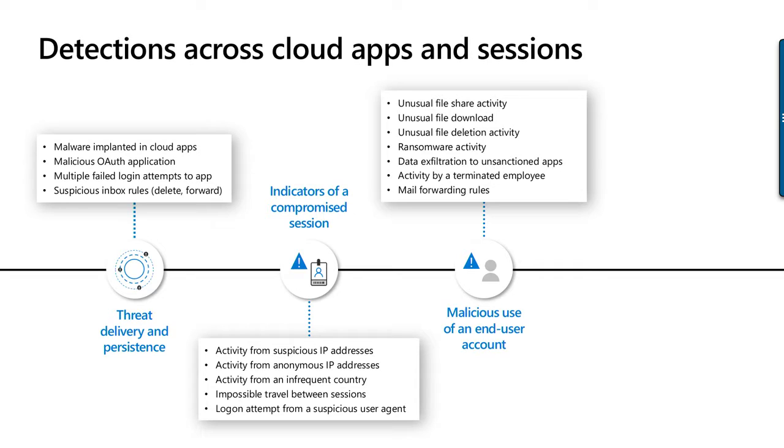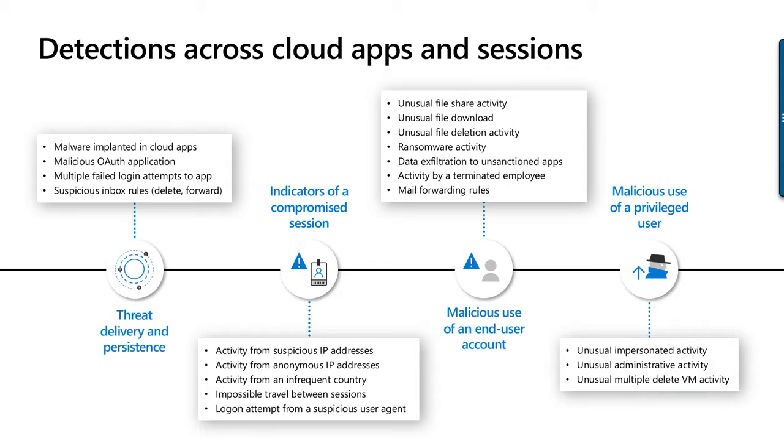For example, detecting deviation in the way they're using the cloud application by detecting unusual file share, file deletion, file download. Think about a user account that has been compromised, or maybe a user who's thinking about leaving the company and trying to get more data before leaving. That's something that we'll be able to detect.